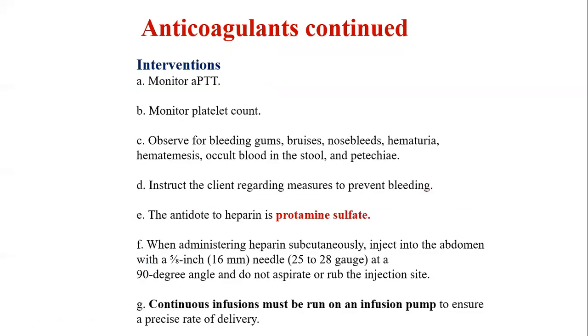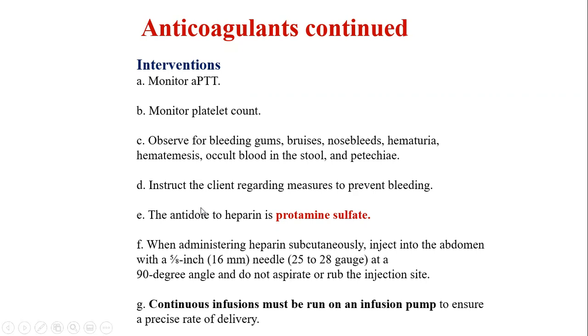Also, we could monitor the platelet count. Why should we monitor the platelet count? Because anticoagulants can induce thrombocytopenia. And here also instruct the client regarding measures to prevent bleeding.